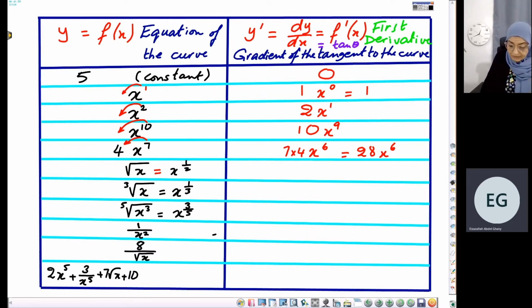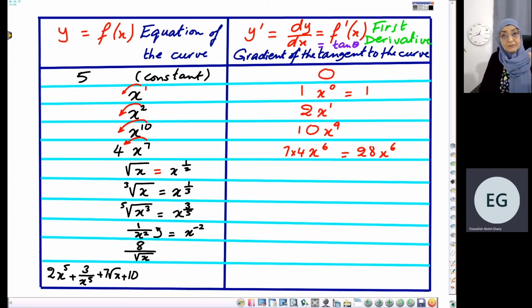We don't deal with denominators. You know quite well, when x is sitting below the line, let it come above the line, but it has to change the sign of the power. It will be x to the power of -2. What about this 8?